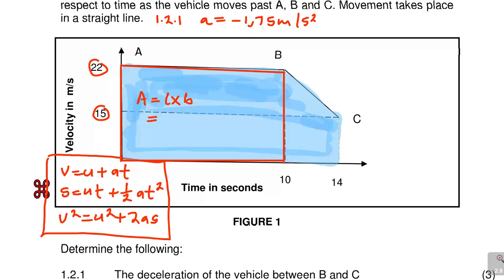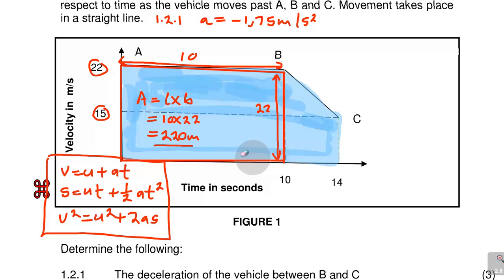The length, from this point to that point, you can see that it is 10, and the breadth, from this point to that point, you can see that it is 22. So here the length times breadth is 10 times 22, which is 220. Now remember, we are dealing with distance, so it is meters. That is the first part, you find that area.